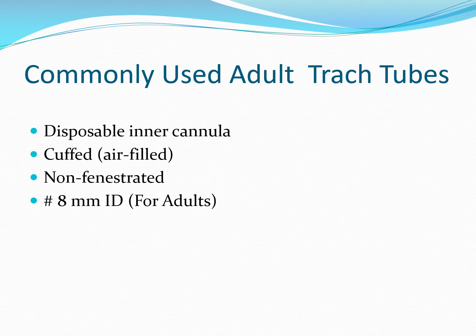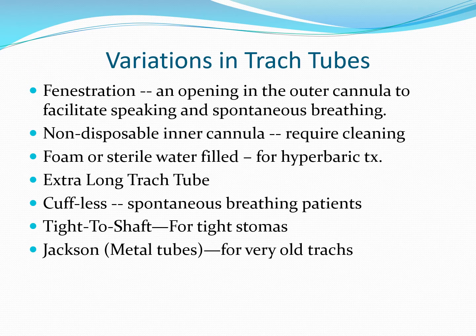But many adult tubes that are initially established are a number 8 interior diameter. Some of the other variations you'll see in tracheostomy tubes, again, the fenestration. It's an opening in the outer cannula, and often the inner cannula, but mainly the outer cannula, to facilitate speaking and spontaneous breathing.